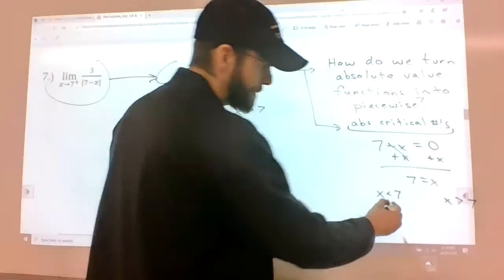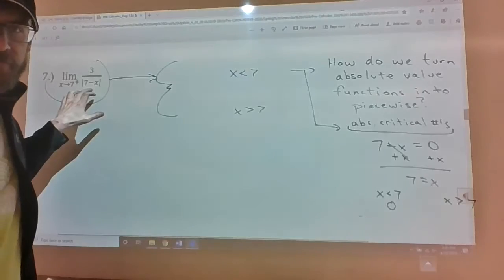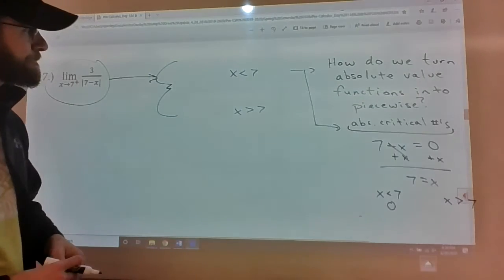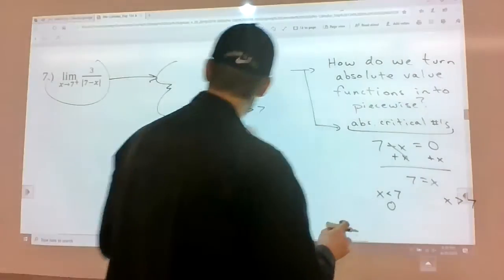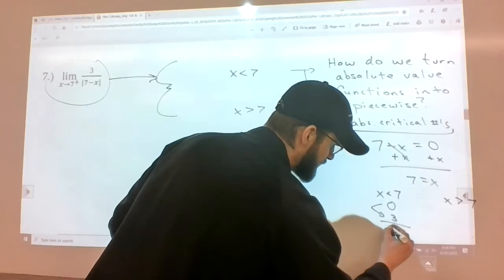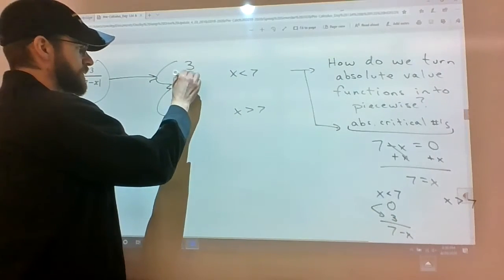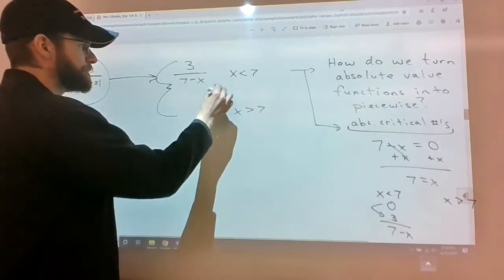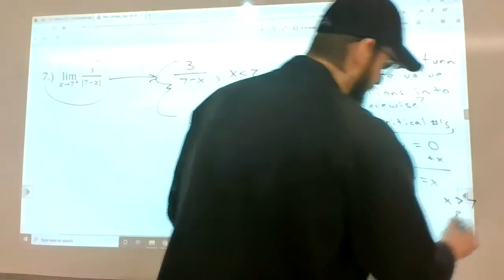So let's try 0. When you plug in 0 for 7 minus x, you get a positive number. So we're keeping it as a positive. So it's 3 over 7 minus x. For the other part, let's try something like 8.